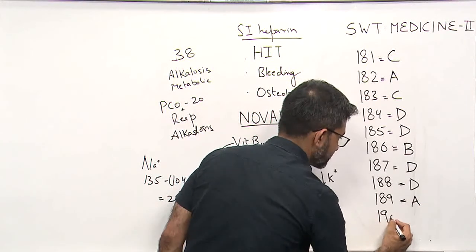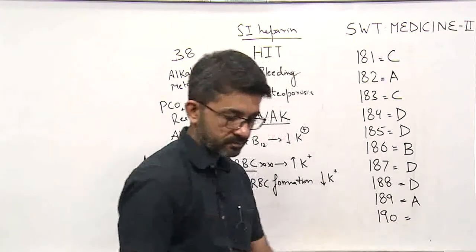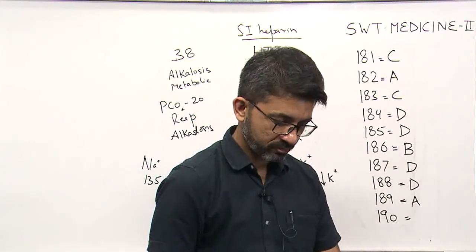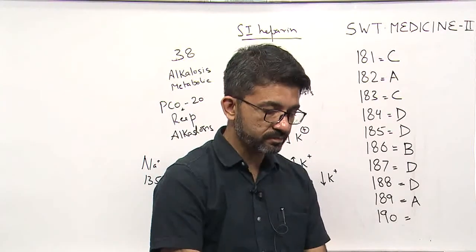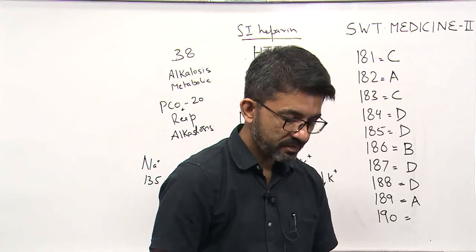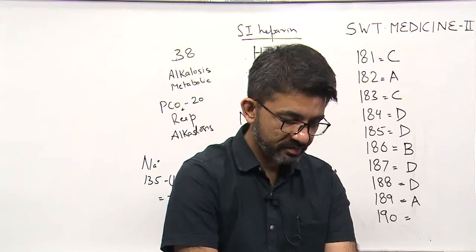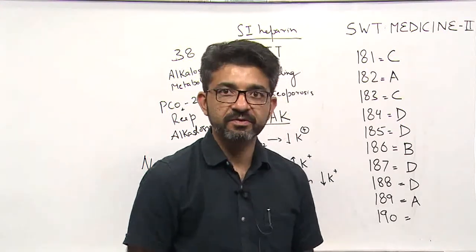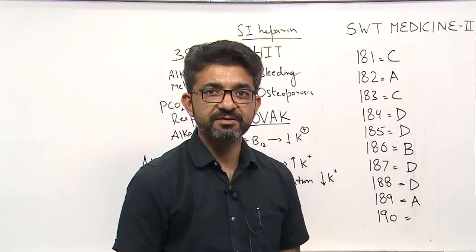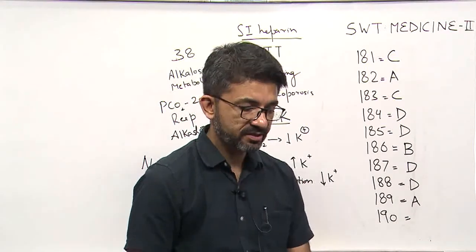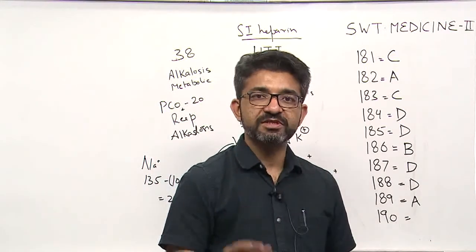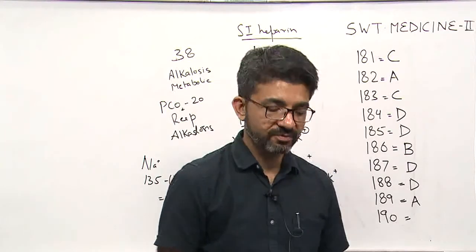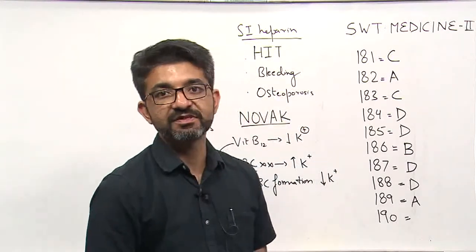Question number 190. See, the classical or the gold standard, I am not talking about screening test, but the gold standard test for Cushing's disease is you test for the hormone levels from inferior petrosal sinus venous sampling, right.